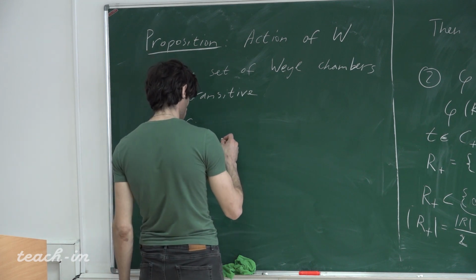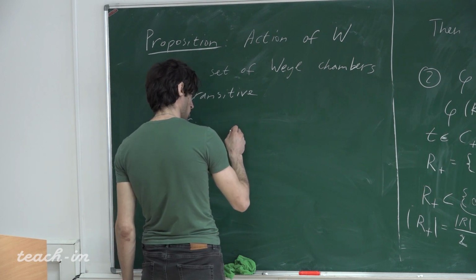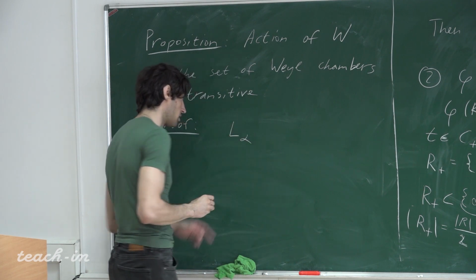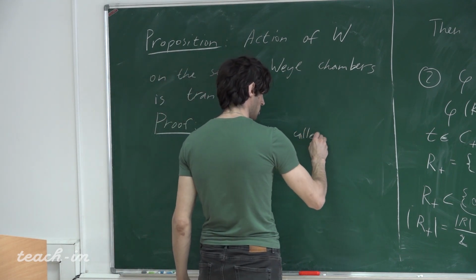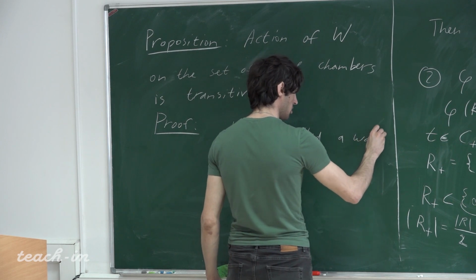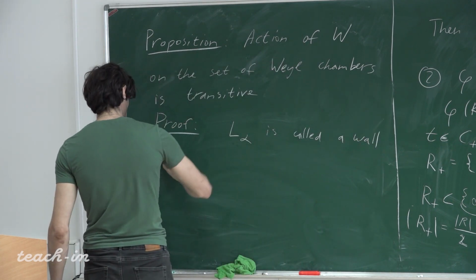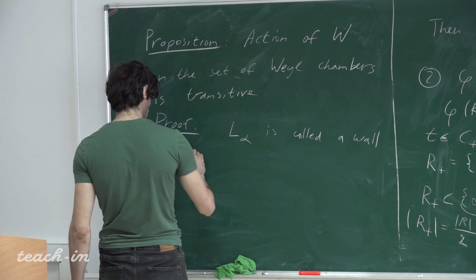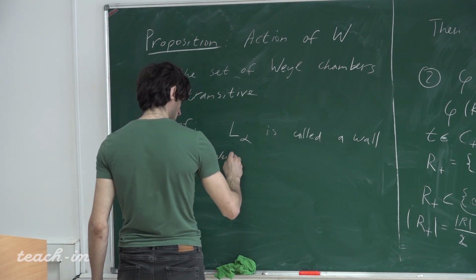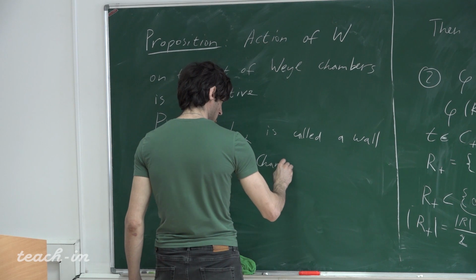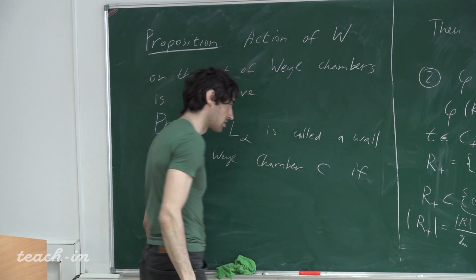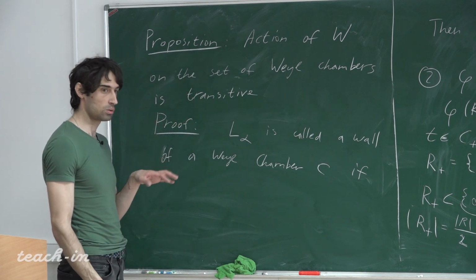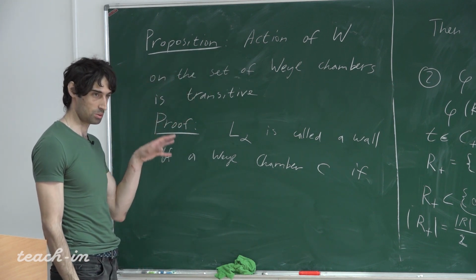Wall: so L alpha, this hyperplane, is called a wall of some Weyl chamber C. Okay, it's easier to imagine than to say it.